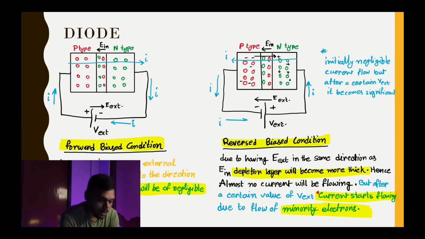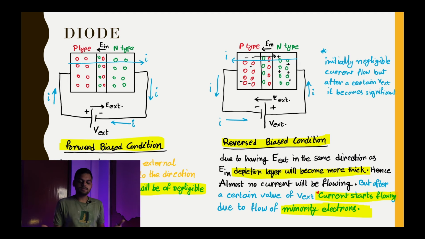Okay, so now we'll be discussing the reverse biased condition. We have studied the forward biased condition, which is p type semiconductor attached to the anode of the battery and n type semiconductor attached to the cathode of the battery. Now we are going to talk about reverse biased condition.